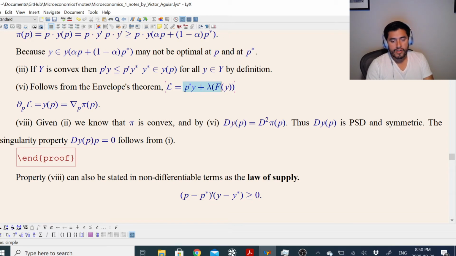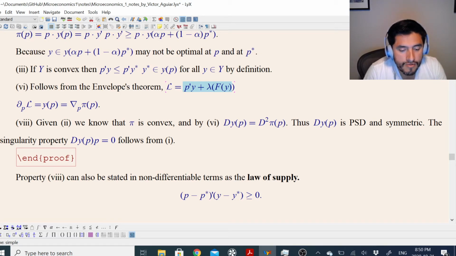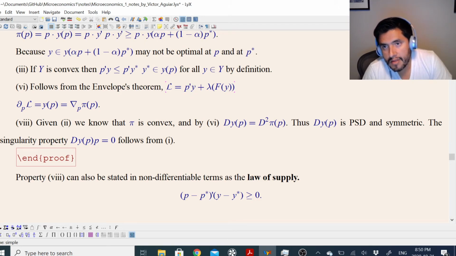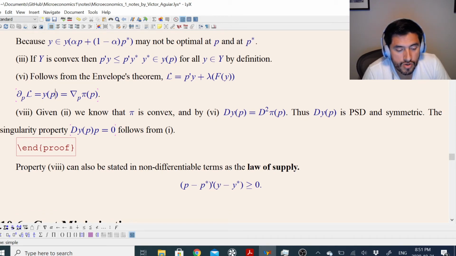So I write a Lagrangian problem, I derive it with respect to prices, and I obtain the supply. You can see here that the only part that depends on prices is this part. The envelope theorem tells me that I can derive this supposing that y is constant, so I do it, and then I have here y(p). And the final part is just a consequence of this typical derivation, okay? So this is the end of the proof.